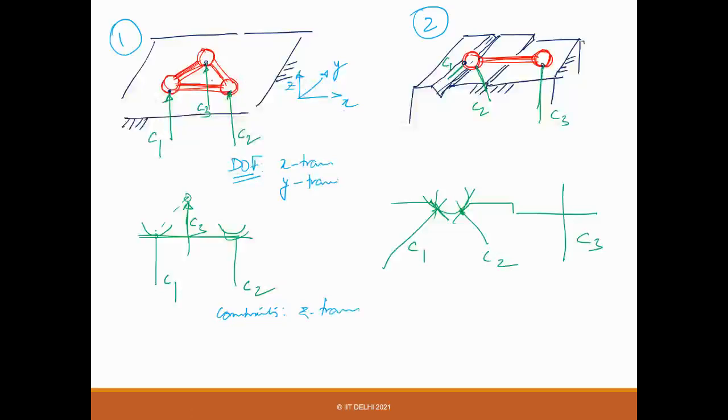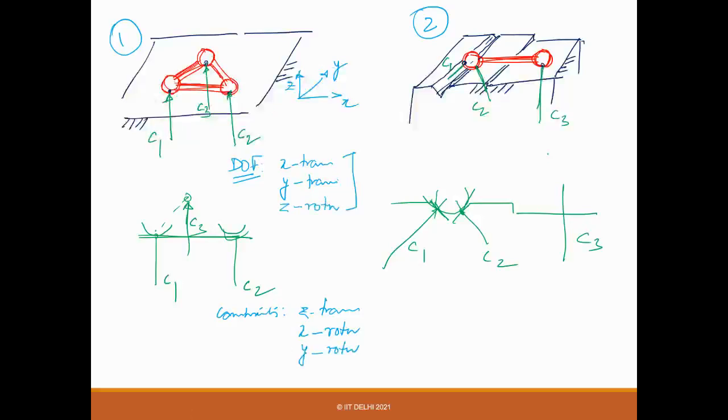X rotation: C1, C2, and C3 all together will not allow it. So X rotation is constrained. What about Y? The same will happen to Y also, C1 and C2, because along the Y direction you don't have it, right? So Y rotation is also constrained. But Z rotation, this all can slide. So you can have Z rotation.